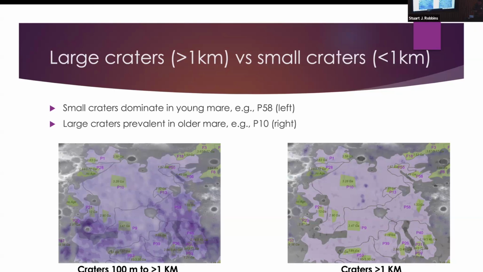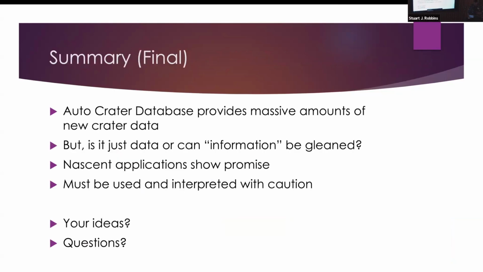So I think it's time to wrap up with our second summary, but this is really high level. With these automatic crater databases, we've got 8 million craters to play with, which provides massive amounts of data. But is this just data? Can we get any information out of it? I think so.